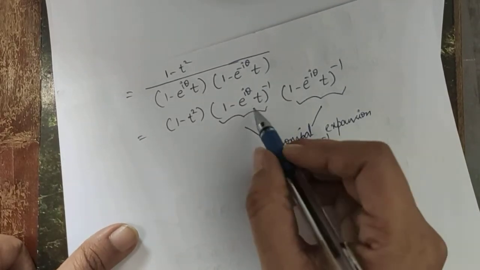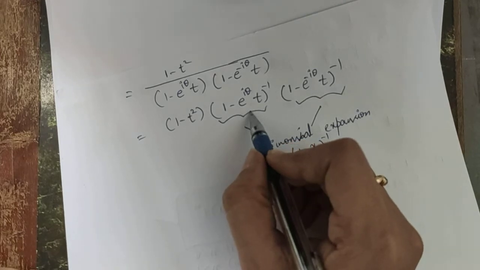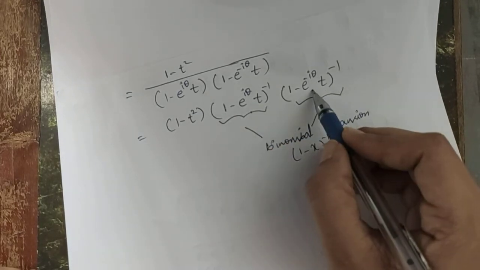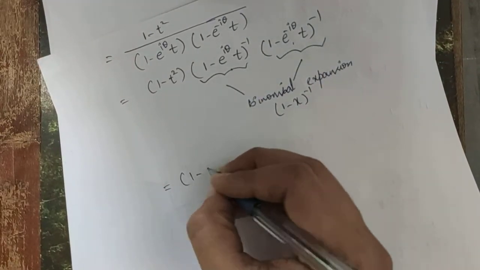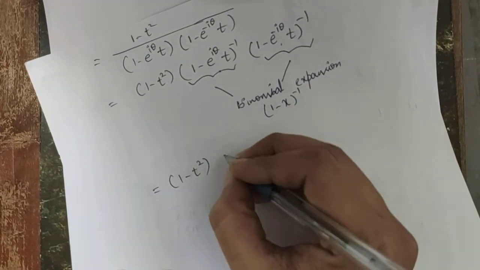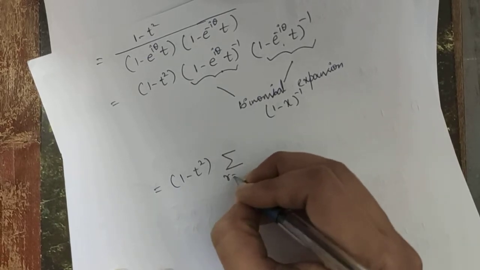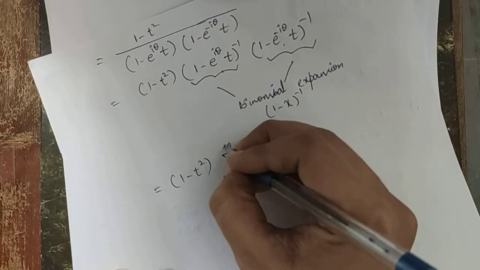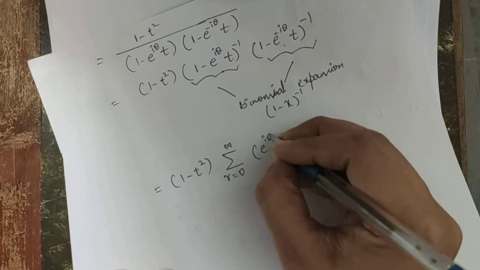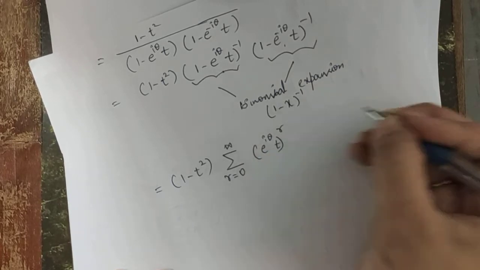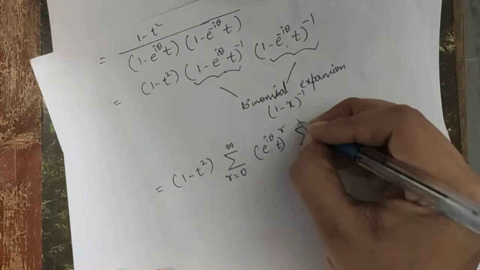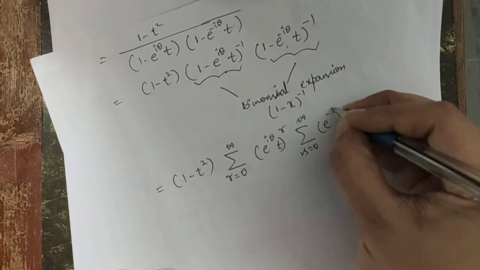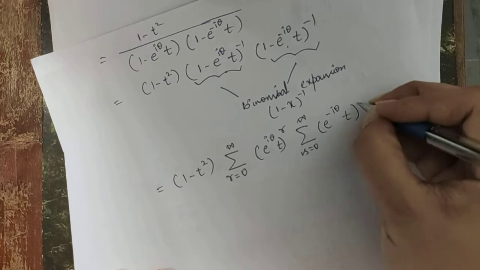In the place of x, here I have e power i theta into t, here e power minus i theta into t. So this will become (1 minus t square) into summation r is equal to 0 to infinity (e power i theta into t) whole power r. Similarly, summation s is equal to 0 to infinity (e power minus i theta into t) whole power s.